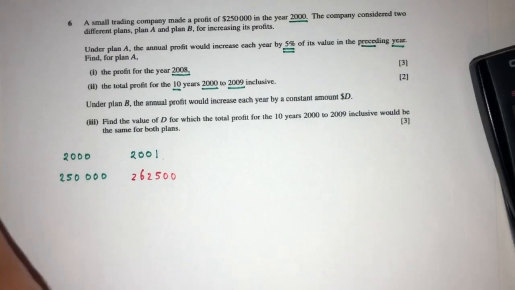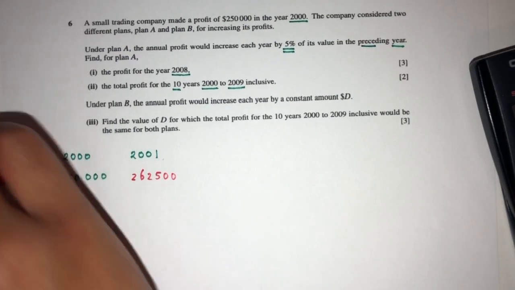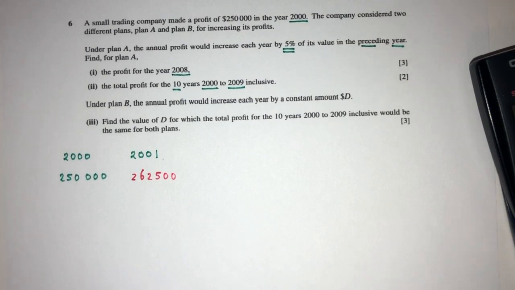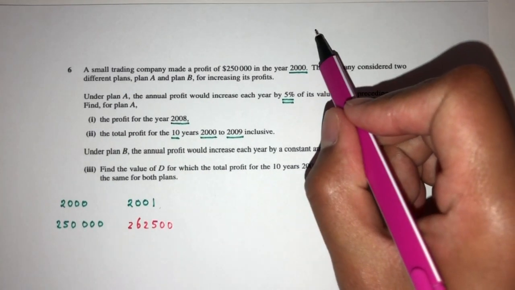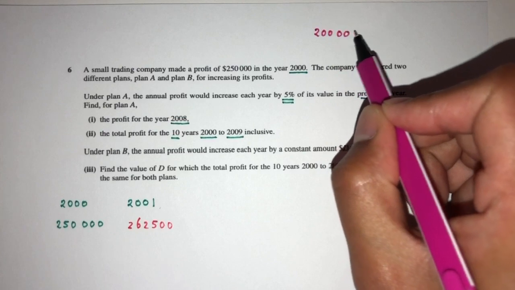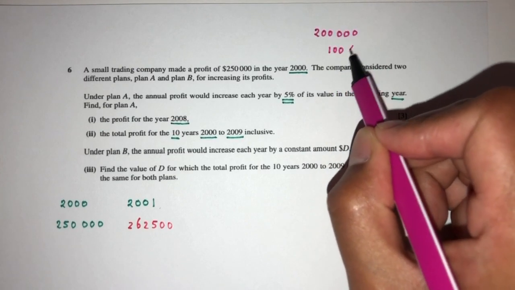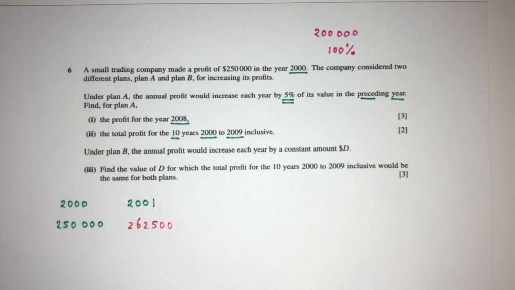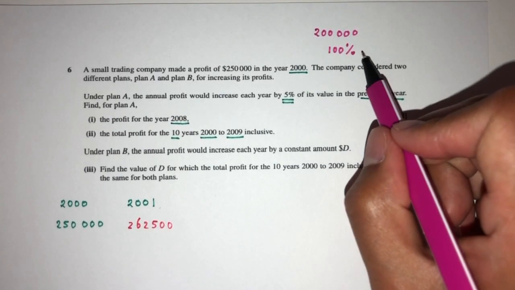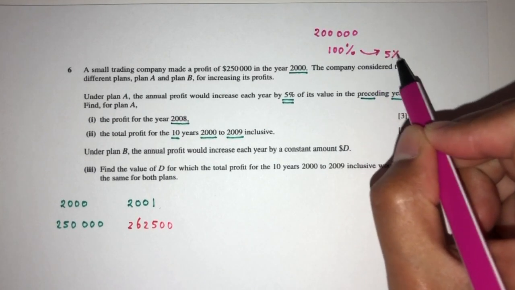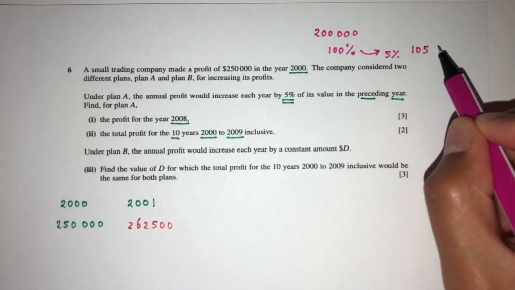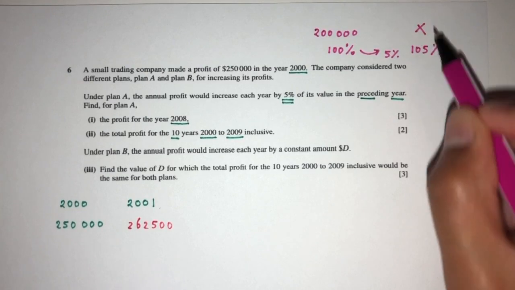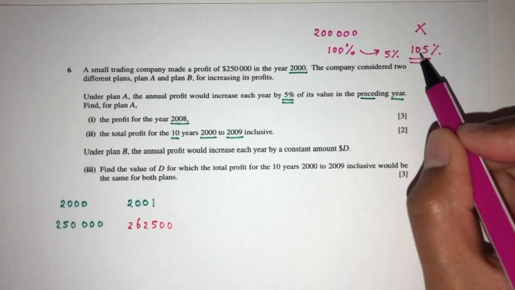Now again, we have to understand what's happening. How can you find this directly? This concept confuses many people, and I hope you can learn this. We take the initial amount, 250,000, as 100%. When you increase that by 5%, the new amount will be 100 plus 5, which is 105% of the initial amount.